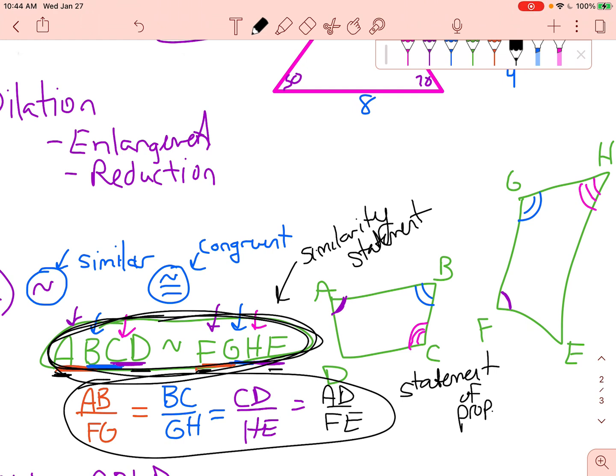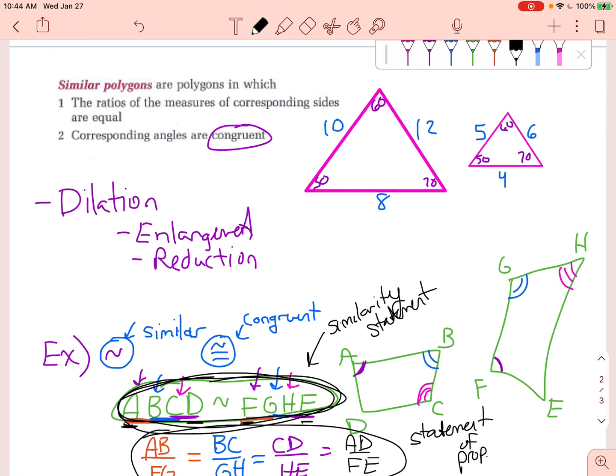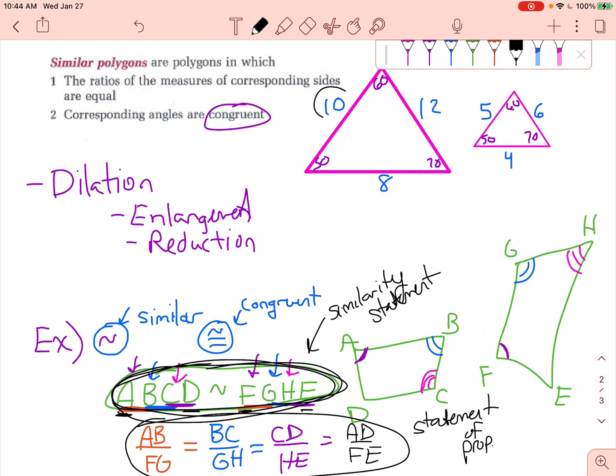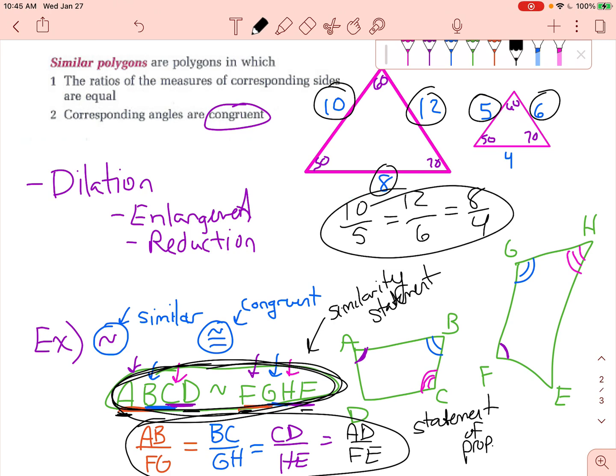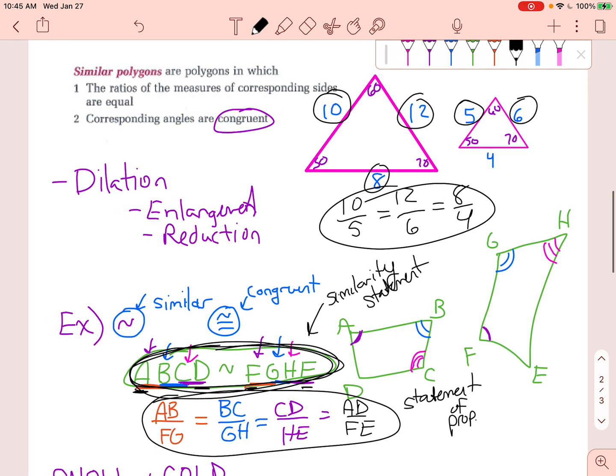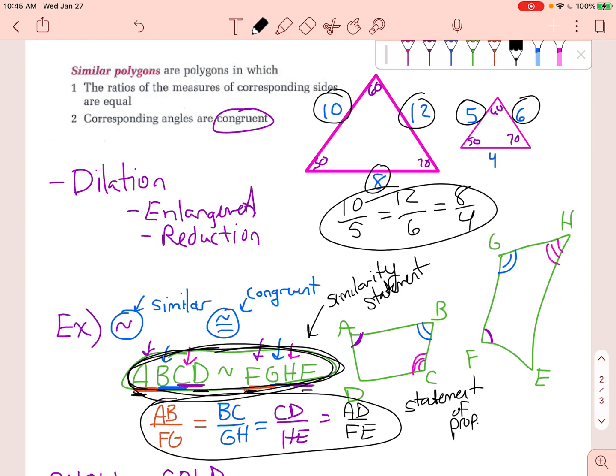And those ratios have to be equal to each other. You can see that up here. If I were to actually put these over each other, 10 over 5 is equal to 12 over 6, which is equal to 8 over 4. So all of the sides are proportionate. They have the same ratio when you reduce them, and all the angles are congruent. So that's what we're working on in Chapter 8, these similar polygons.